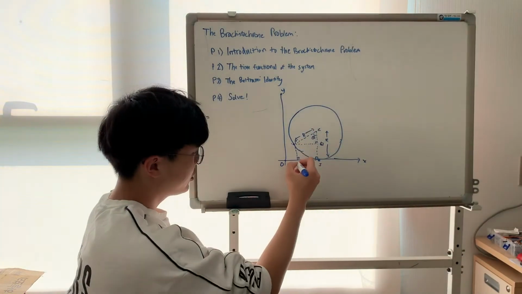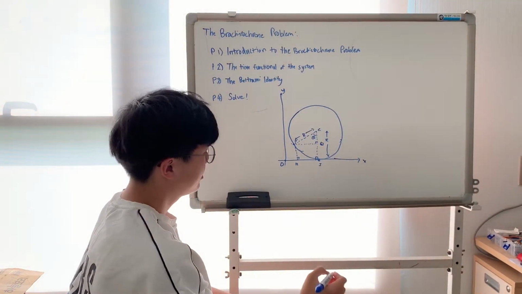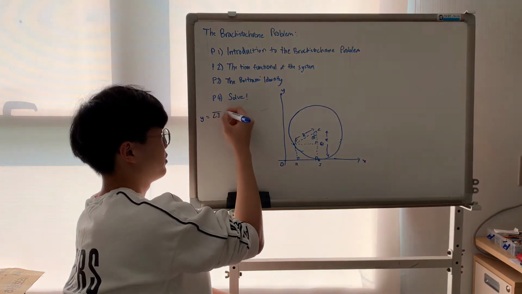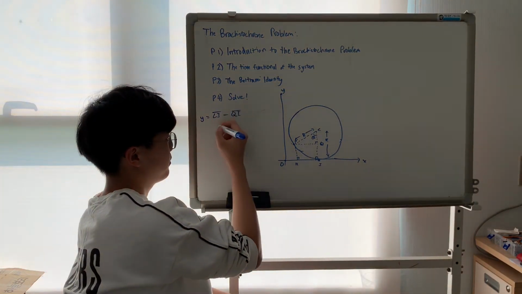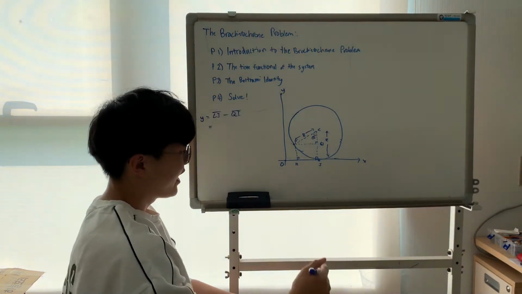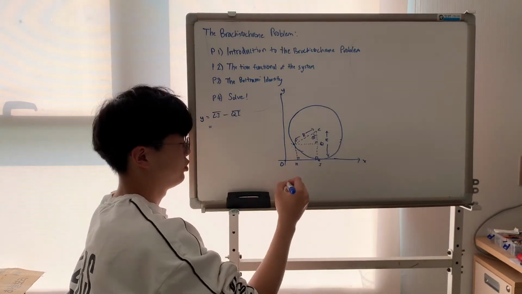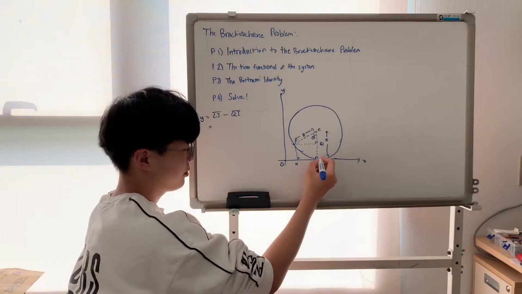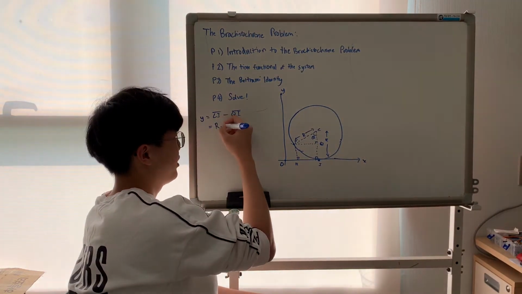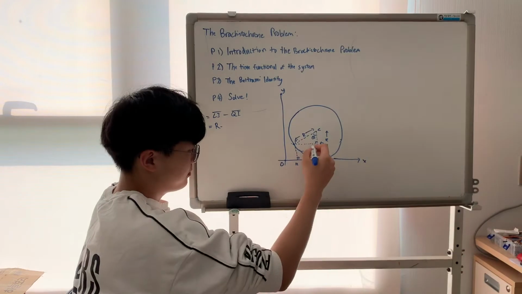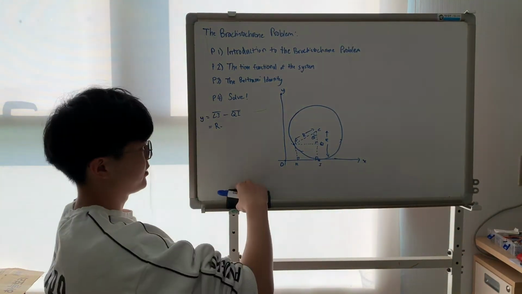Well, we know that PH is equal to CI minus QI. So let's write that down. And we know that CI is basically R, because it's R from the origin to the tangent point. And so we have R minus QI. No, wait, it should be CQ, right?